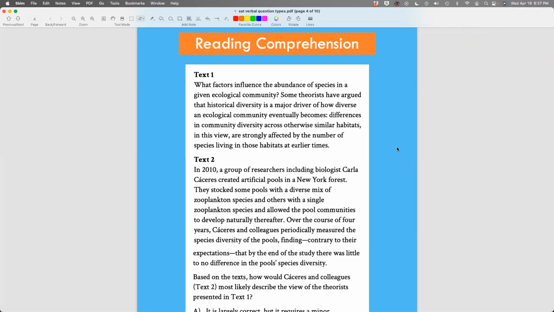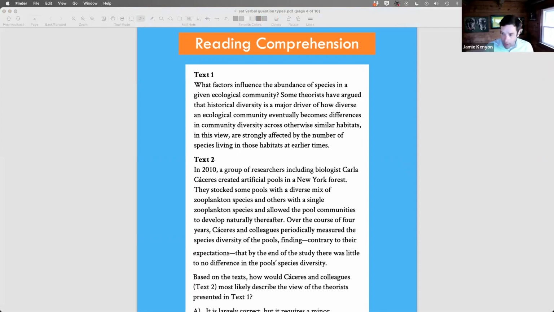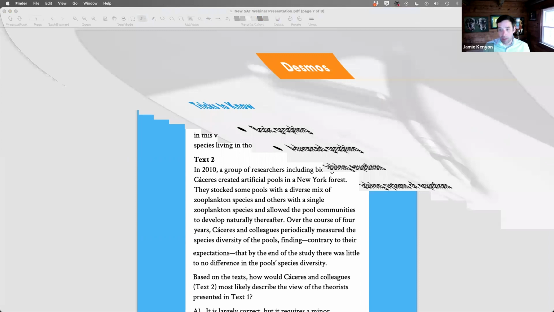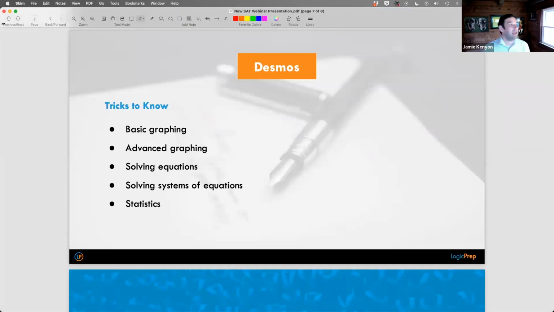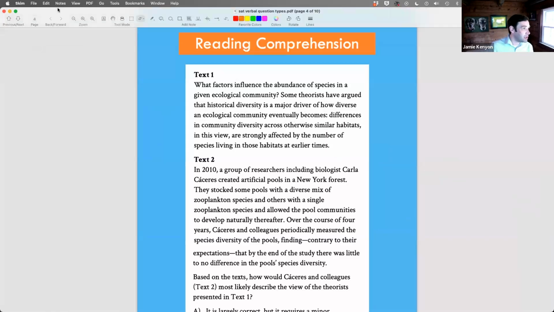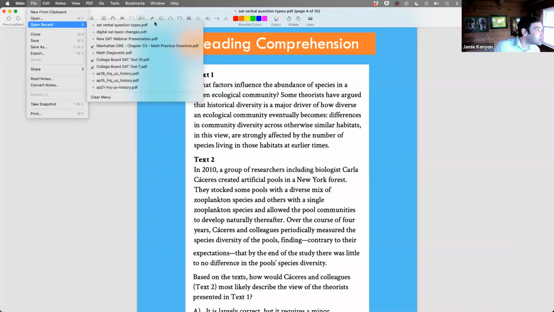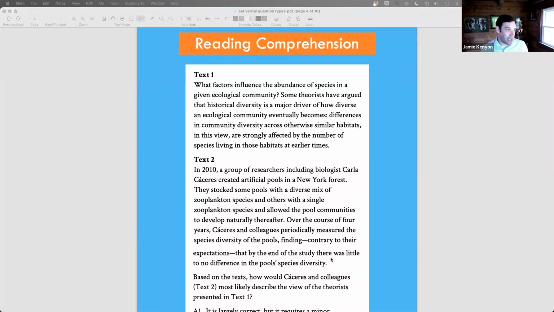And a quick question, sorry. What about the timing on each section? Oh, that's a great question also. So in terms of time per question and time per section, you have more time per question and less time per section.